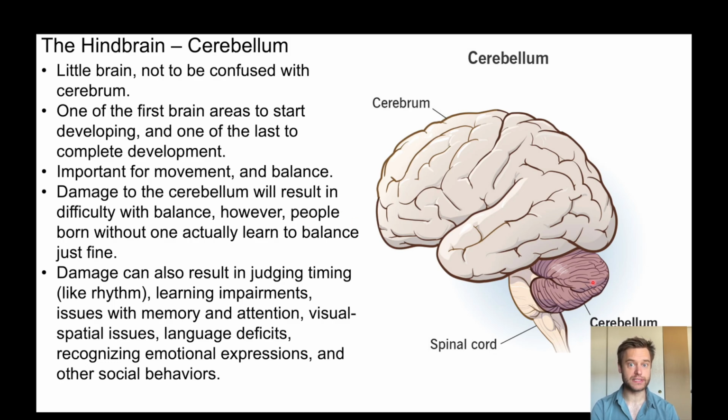So what that means is that while the cerebellum canonically is important for balance and things like that, other areas of the brain have the capacity to take over that job if it happens early enough, or you're just born without one and you have that kind of deficit.